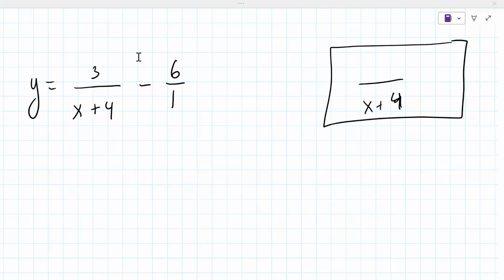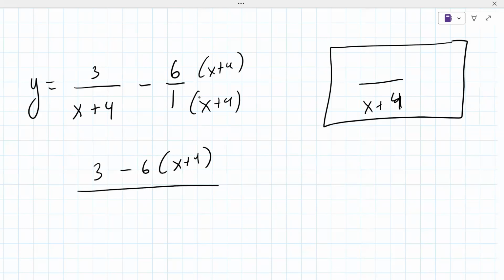Would it be 6x plus 27? So let me jump in here and provide some guidance. You're going to see probably your error pretty quickly here. You're distributing -6 into both, not 6, -6.